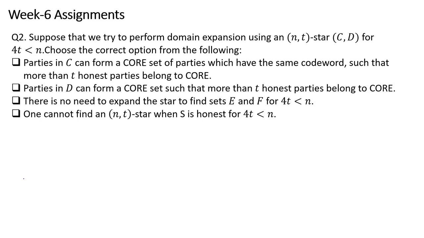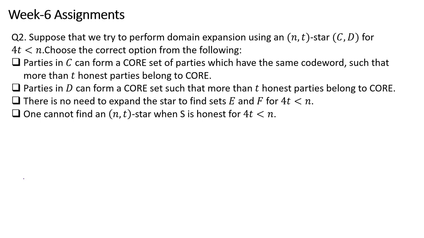Next question. Suppose that we try to perform domain expansion using an NT star CD for 4t less than n. Choose the correct option from the following. So previously we saw that for the correctness of Reed-Solomon decoding, and in the domain extended version of perfectly secure reliable broadcast, we were considering a scenario where the corruption threshold t is less than n by 3, or n greater than 3t.